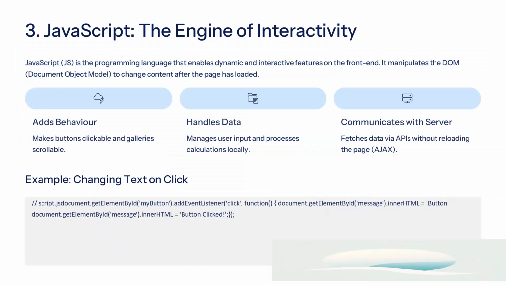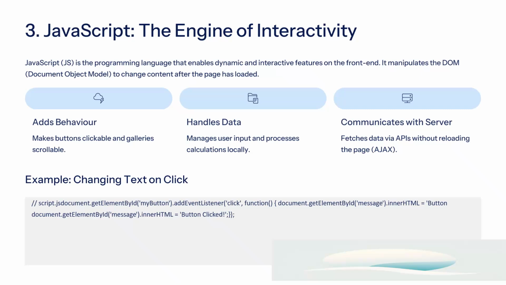Now let's go on JavaScript, the engine of interactivity. After giving our web page the structure with HTML and style with CSS, we now move to JavaScript, or JS, which is known as the engine of interactivity on the web.